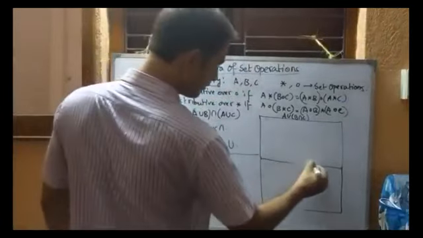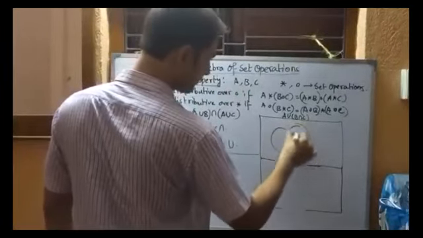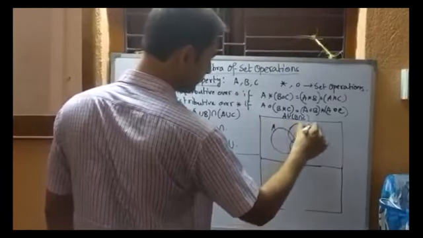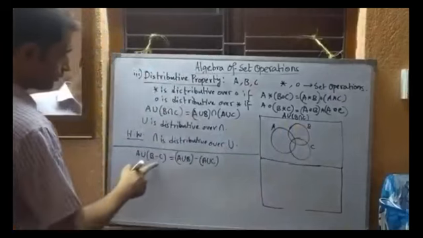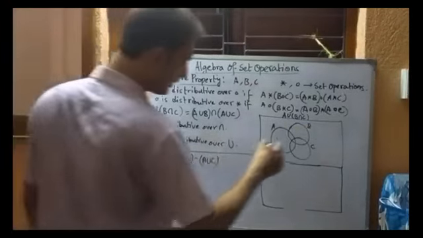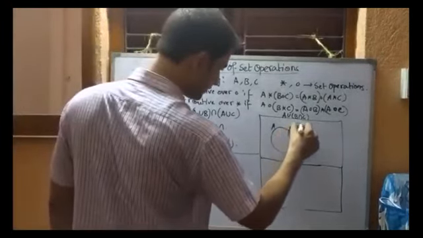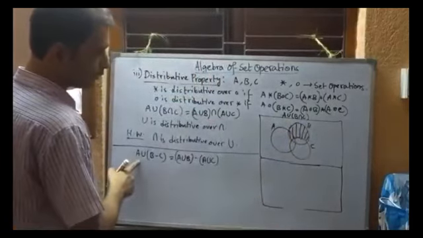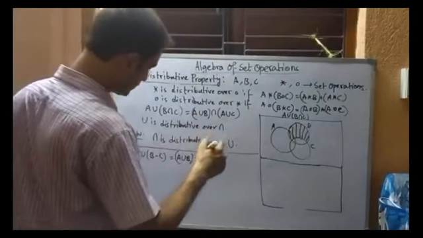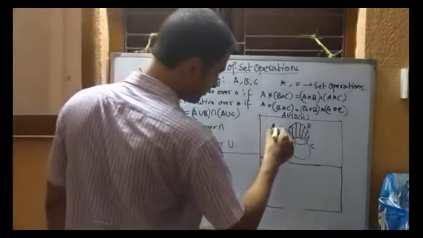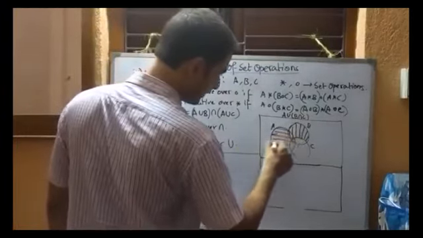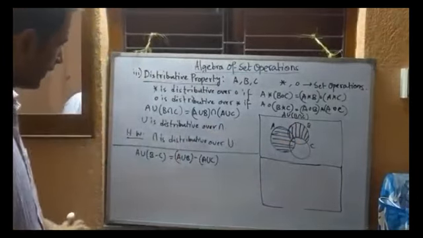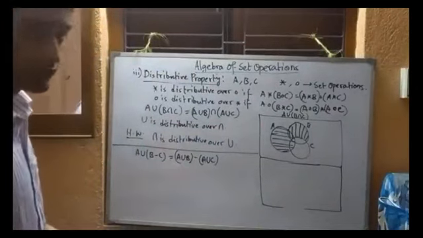Again take the sets A, B, C. Then you draw the Venn diagram for B difference C. So that is like this. And then you take the union with A. So you shade the region for A like this. So this is the whole region for A union B difference C.